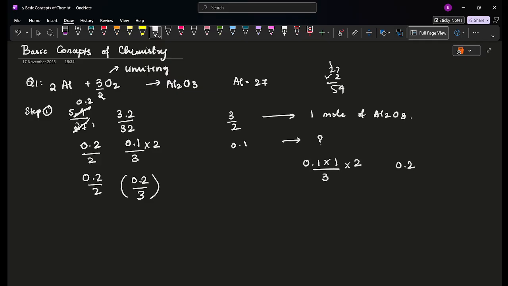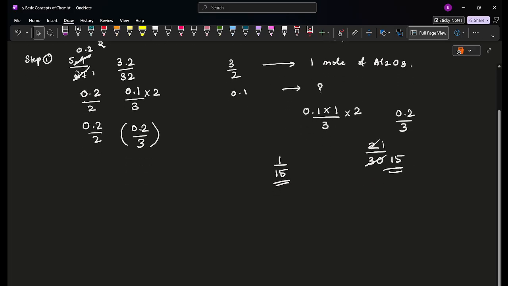So basically this is the answer, which is 1 by 15. So this is the number of moles for Al2O3.